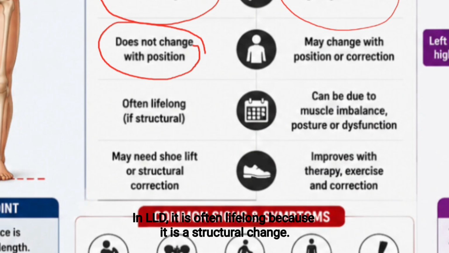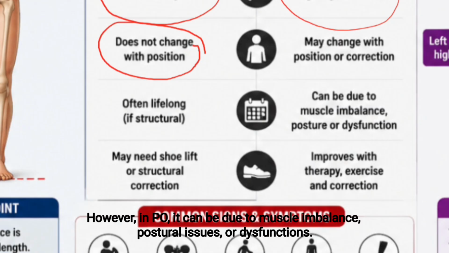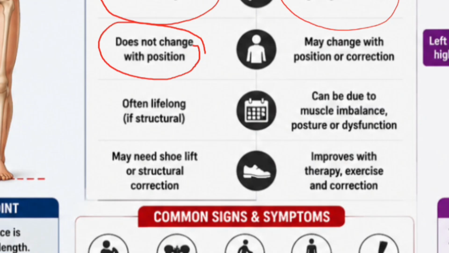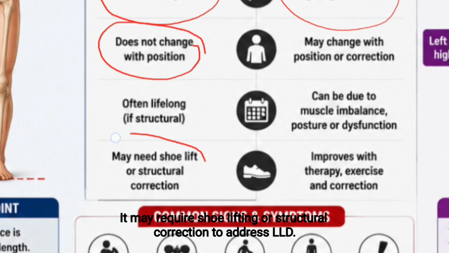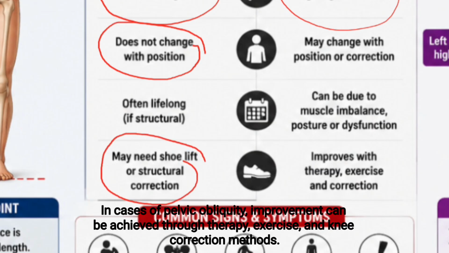LLD is often lifelong because it is a structural change, but in pelvic obliquity, it can be due to muscle imbalance, postural issues or dysfunctions. LLD may need shoe lifts or a structural correction, but pelvic obliquity improves with therapy, exercise, and correction methods.